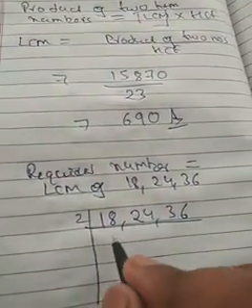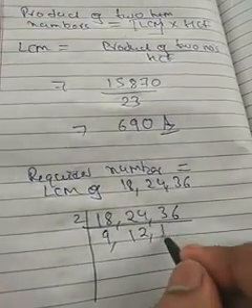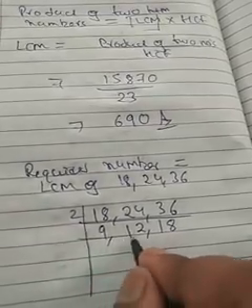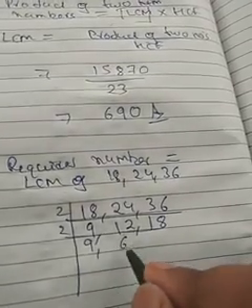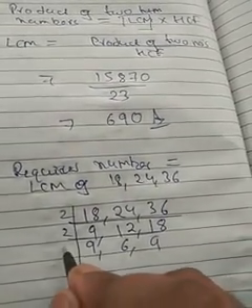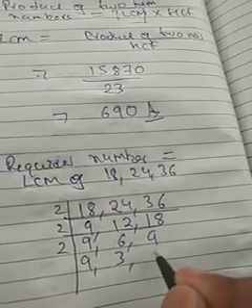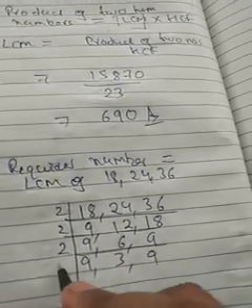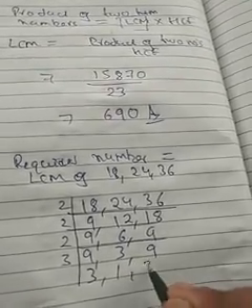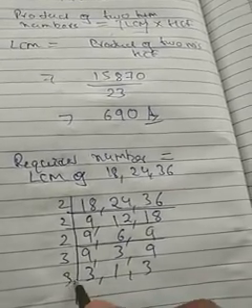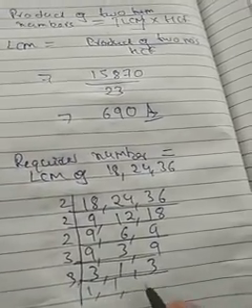Now 2 9s are 18, 2 12s are 24, 2 18s are 36. We get 9, 12, 18. Again by 2: 9 will remain 9, 2 6s are 12, 2 9s are 18. Again by 2: 9 will remain 9, 2 3s are 6, and 9 will remain 9. Now divide by 3: 3 3s are 9, 3 1s are 3, 3 3s are 9. Again by 3: 3 1s are 3 and 3 1s are 3.